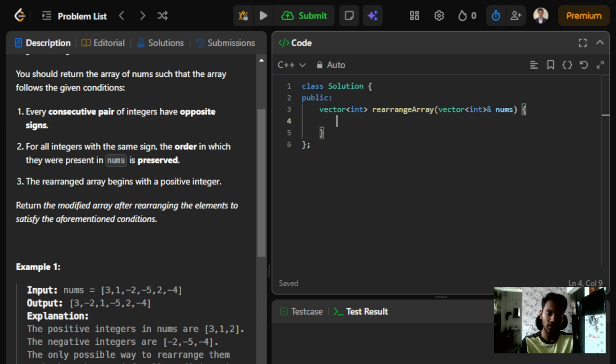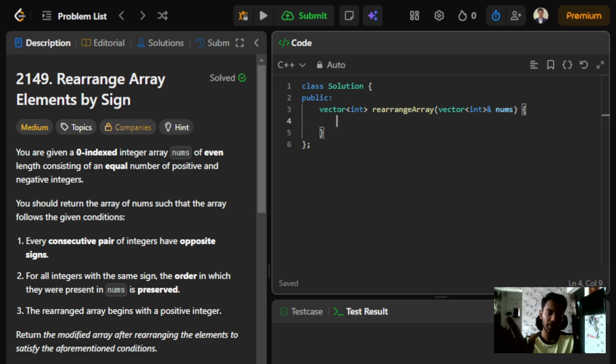So what I thought was, why don't we separate the positive numbers in a separate vector and negative numbers in a separate vector, and then one by one we push back those vector elements in a result vector, where I'll push a positive number first, then a negative number, then a positive number. You get my concept, right? It's a very easy one. So let me start with the solution then.